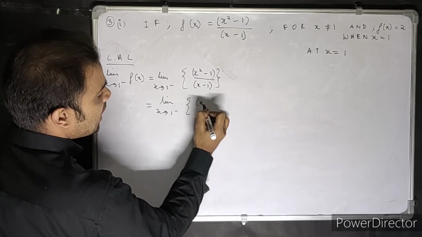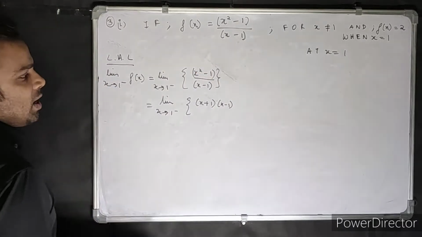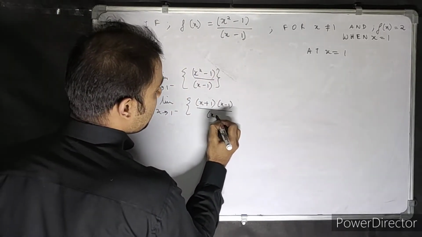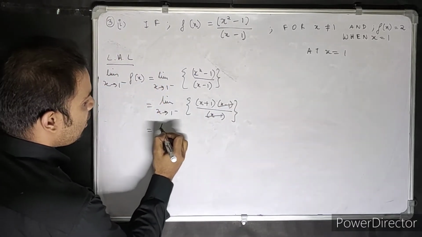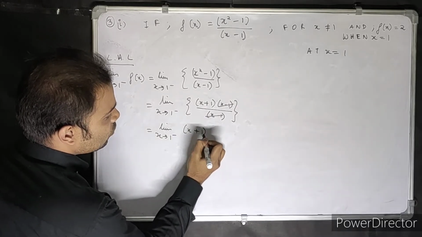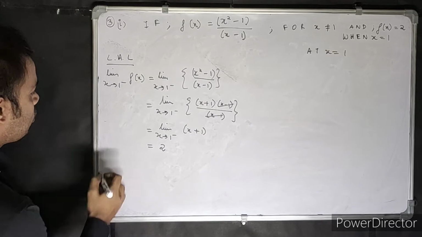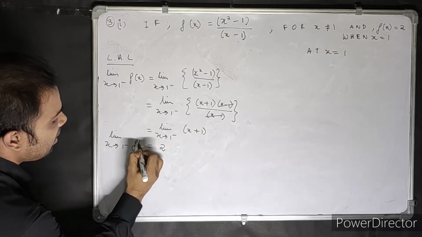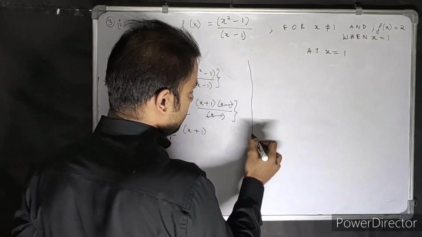You write this as x plus 1 and x minus 1, x square minus 1 square, a square minus b square formula, a plus b, a minus b, whole thing divided by x minus 1. x minus 1 is gone. So limit of x tends to 1 negative, x plus 1 is left. So put a 1 over there, you're going to get 2. So limit of x tends to 1 negative, f of x is 2. Let's go on to the right hand limit.